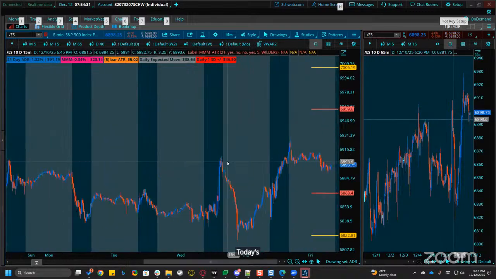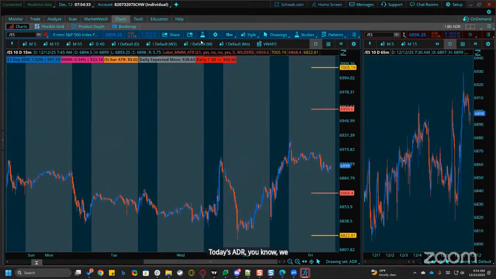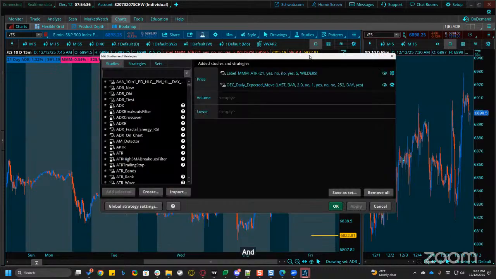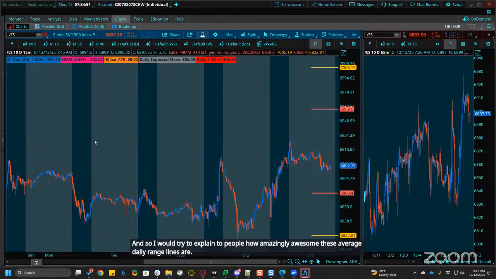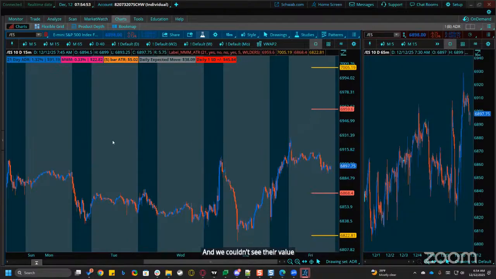Today's ADR, we were talking ADRs the other day, and for years, the only ADR I had is the one that you see here. You couldn't see previous days. And so I would try to explain to people how amazingly awesome these average daily range lines are, and we couldn't see their value by looking backwards.